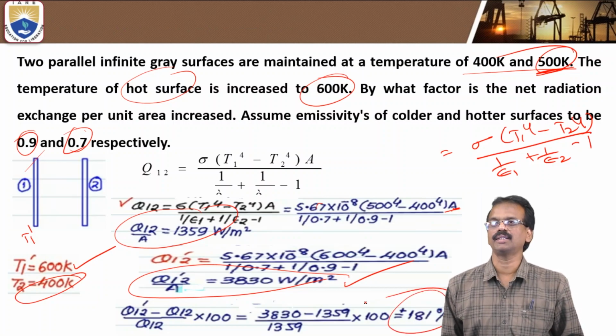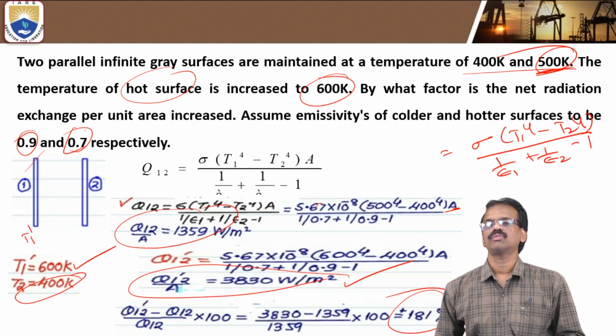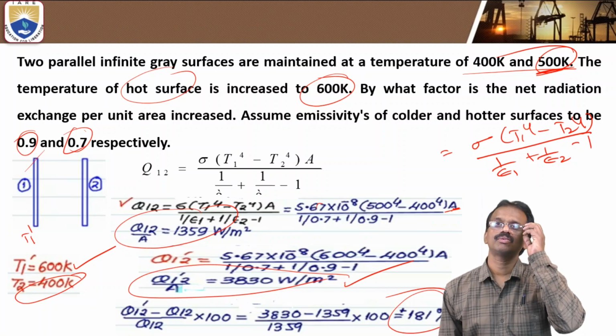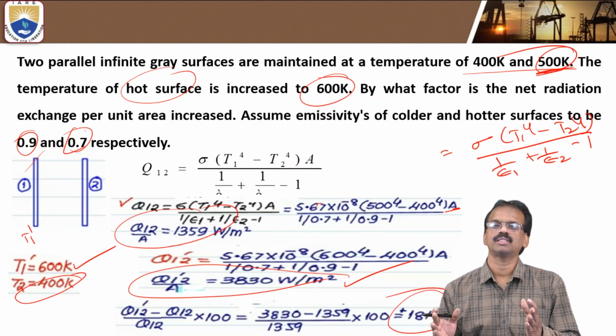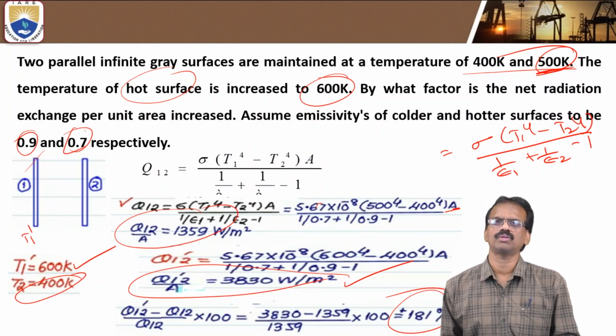So it has been increased. In this way, you can calculate the rate of heat transfer between any two surfaces, either parallel infinite surfaces or finite surfaces. We can solve these numericals based upon the formulas which were already derived in the previous slides.